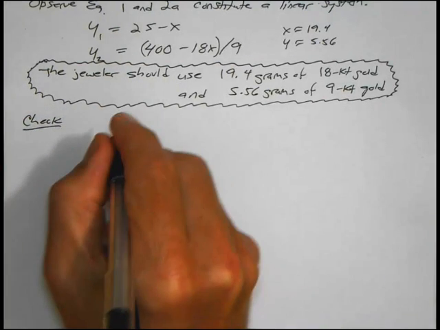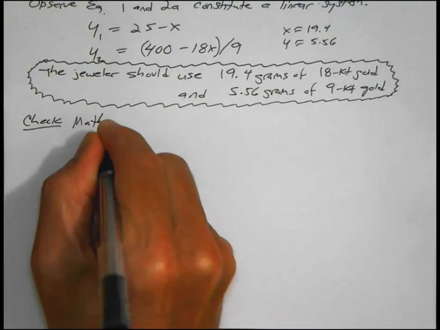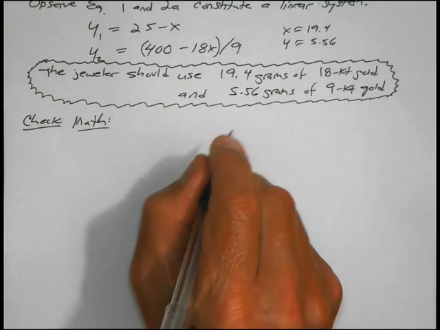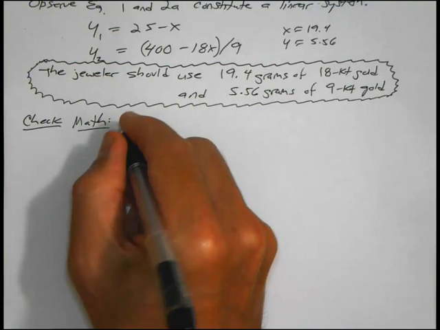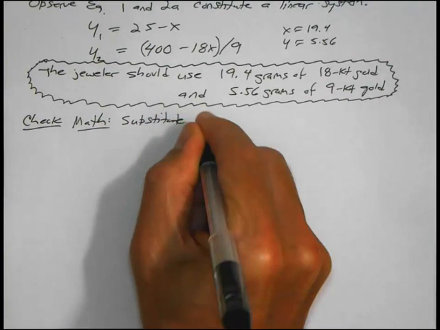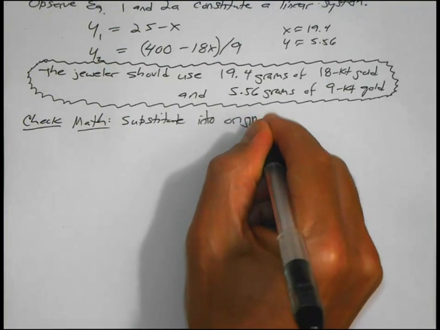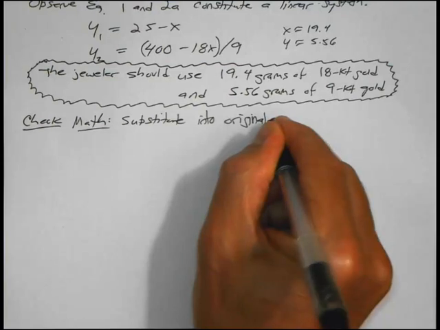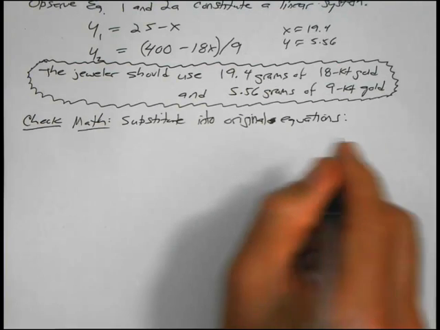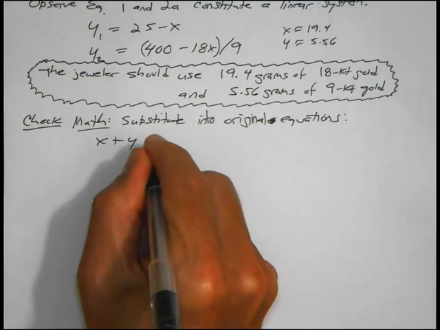The instructions in this exercise set wanted 2 types of checks. First, math, then sensibility in the real world. For math here, what could we do? Well, we can substitute these numbers into the original equations, hopefully making them true. Equation 1: the left-hand side had x plus y.